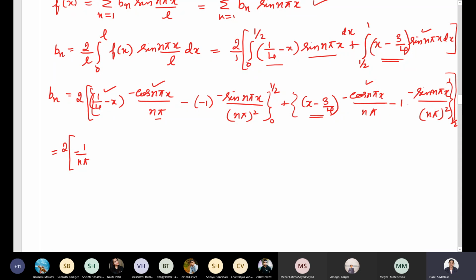Upper limit half, if you put it here, what do we get? 1 by 4 minus 1 by 2. What is 1 by 4 minus 1 by 2?